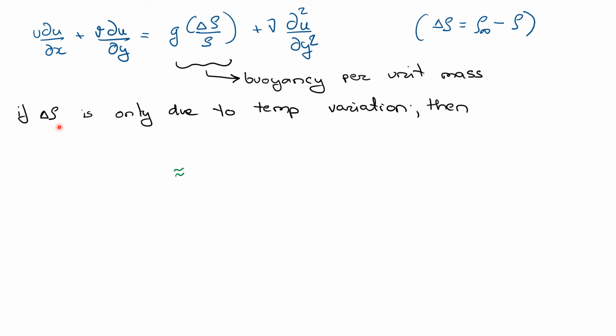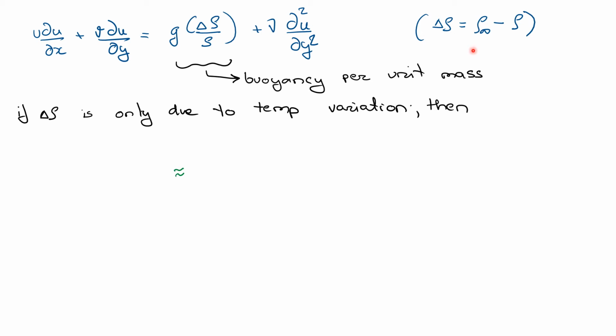Now the del rho here is only due to temperature variations. Now this is a very important statement. What this statement says is that the density difference that you consider in free convection is only due to temperature difference and not due to pressure difference.